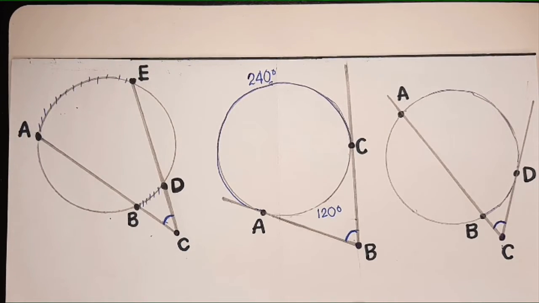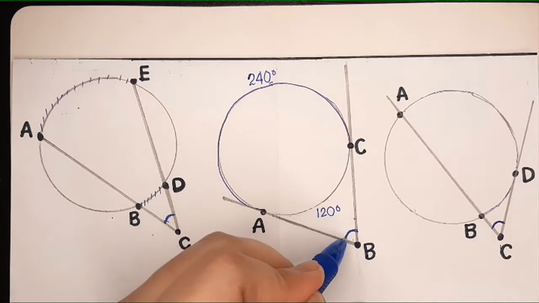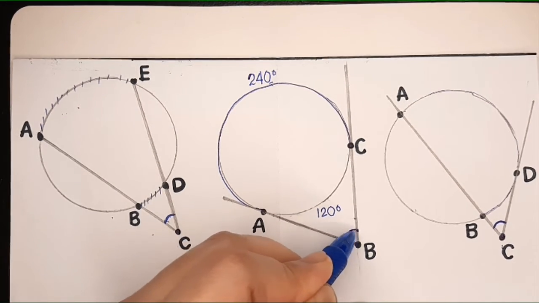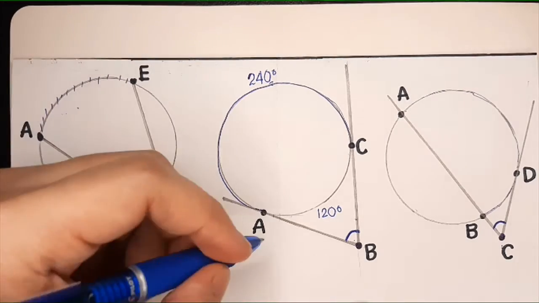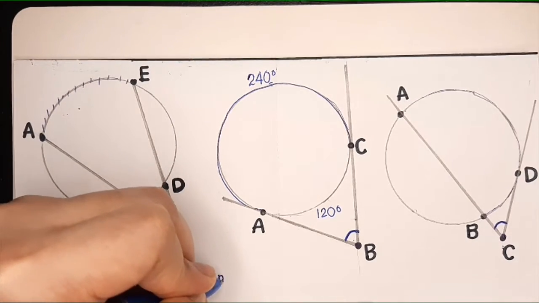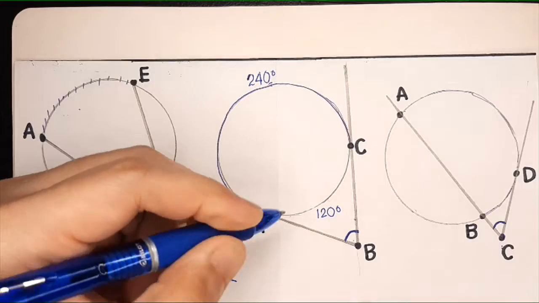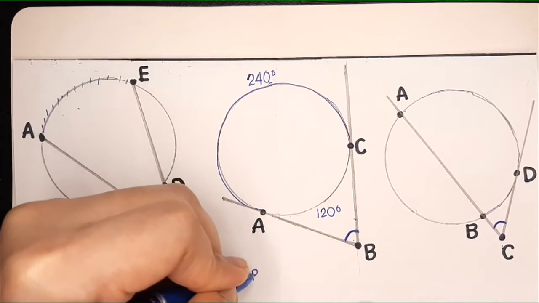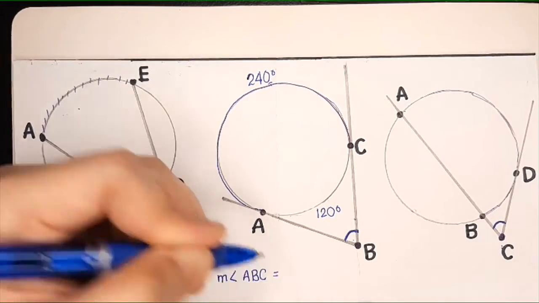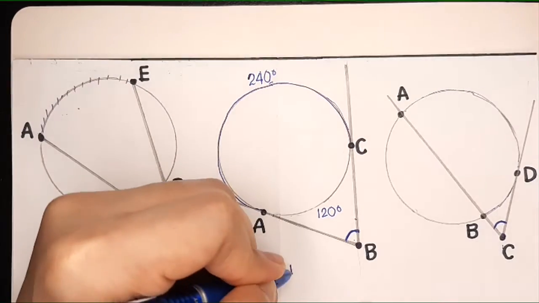Okay, now, what is the measure of this angle? So, let me write here. What is the measure of angle ABC? And this is our formula.